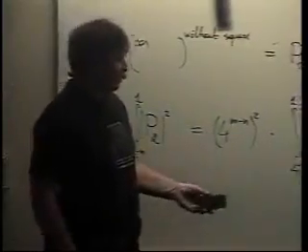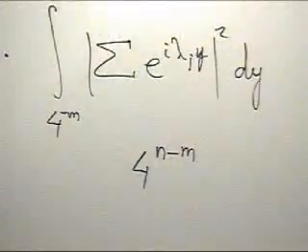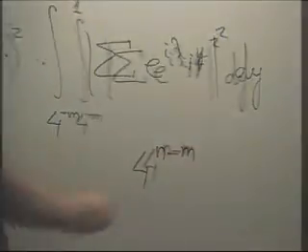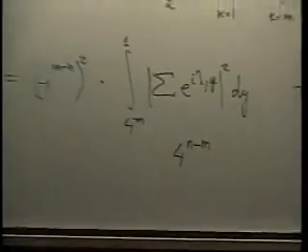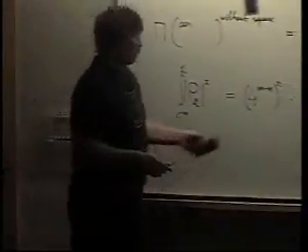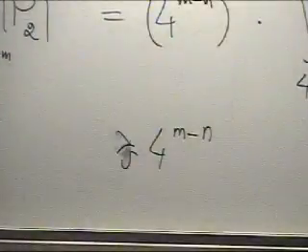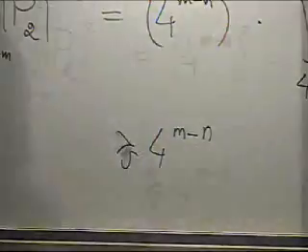And what did we know from that picture presented? Well, we knew that it is at least 4 to the power times the number of exponents up to an absolute constant. So this integral is at least 4 to the power n minus m, with some small constant like 1/4. So the total integral is at least 4 to the power m minus n.